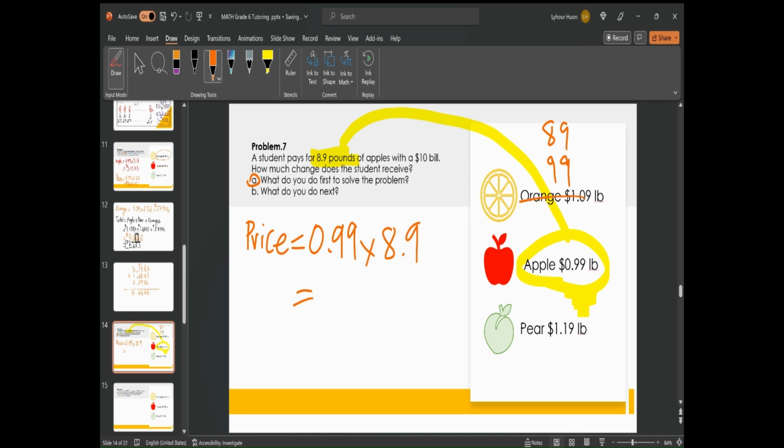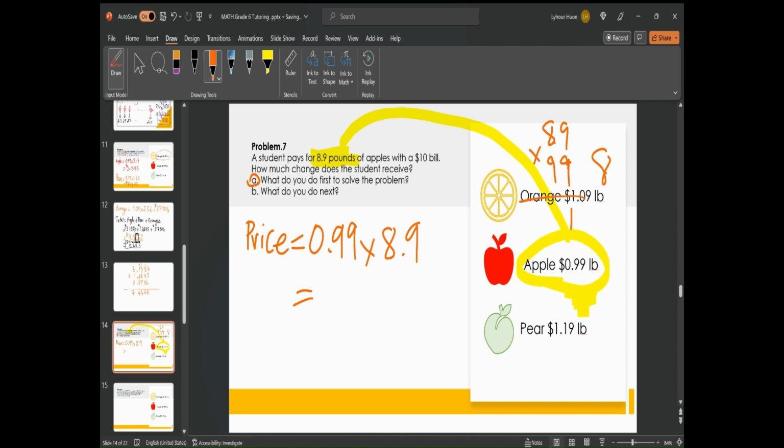89 times 99. First of all, we don't care about the decimal when we multiply. 9 times 9 is 81. Wow, that's very fast. Then 9 times 8. Okay, do it step by step, don't rush.